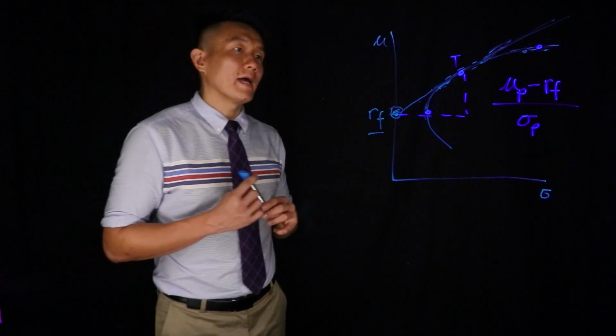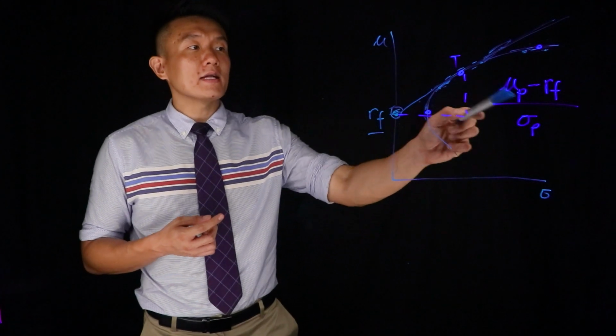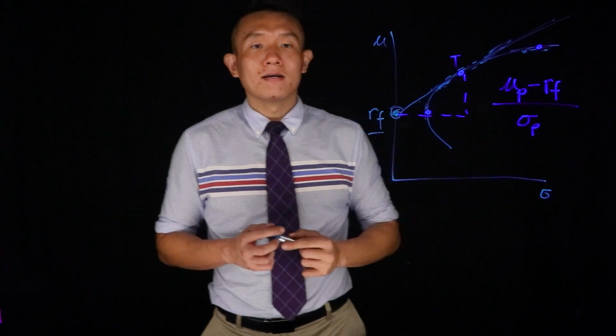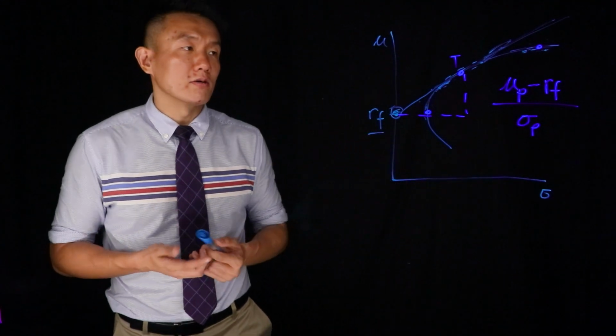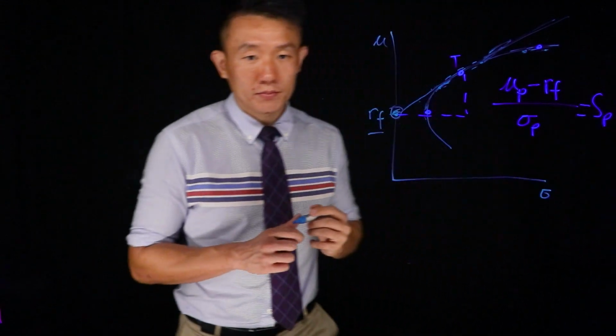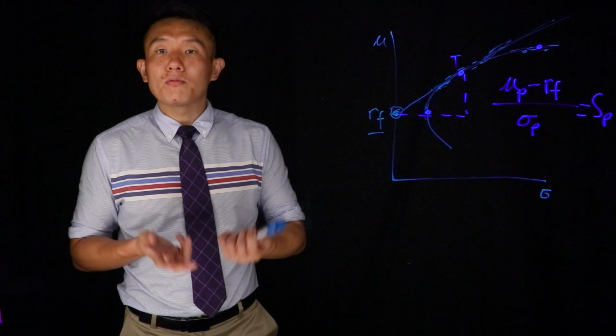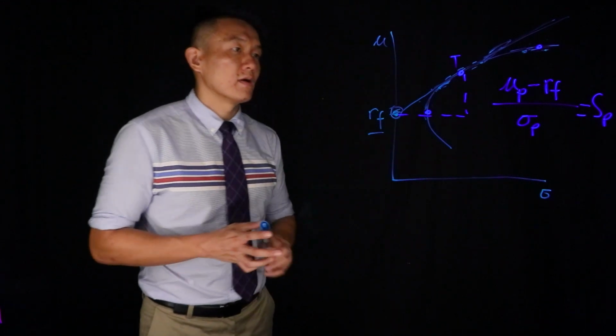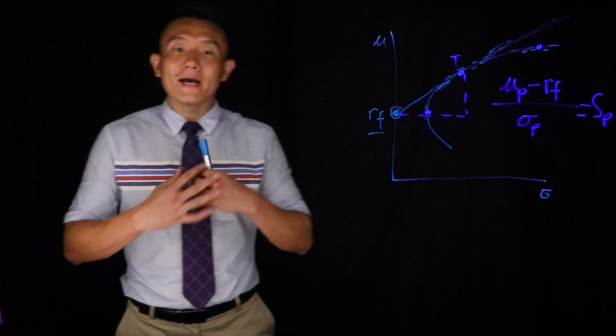What defines the tangent line is it's the portfolio that has the highest such ratio. And this is called the Sharpe ratio. So you can think about the Sharpe ratio very much encapsulates what we're trying to do. The numerator is the excess return.